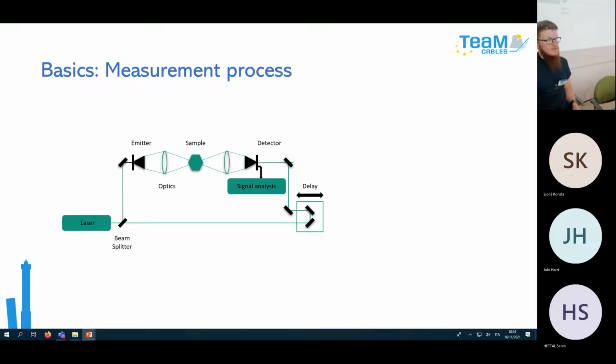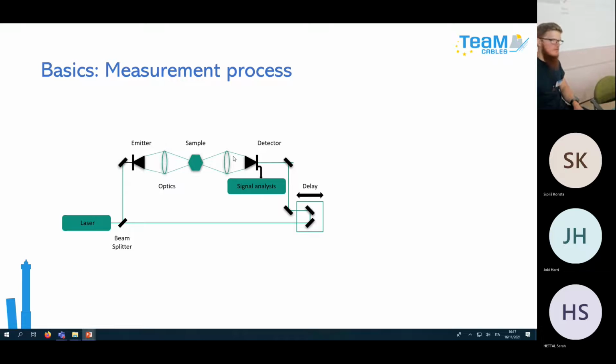Now, let's get to the measurement process. As you just saw, the signal generator, the laser, generates this laser pulse, which is then shone onto a beam splitter. One part of it moves up to the emitter and gets transformed into terahertz waves, which then get focused by our optics system onto the sample.